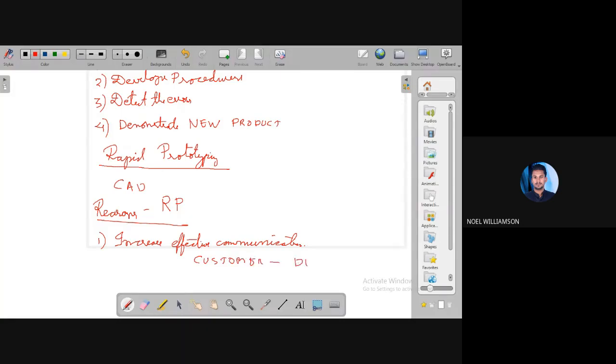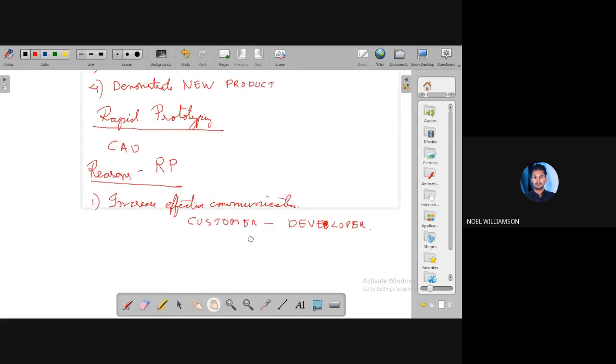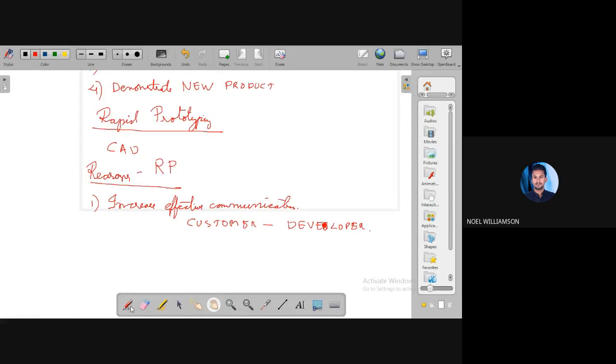We have already said here, the developer is the one who develops the design, customer is the one who buys the product, right? So the developer will have some idea, and this idea is to be effectively communicated to the customer, and the customer is having some expectations or requirements.